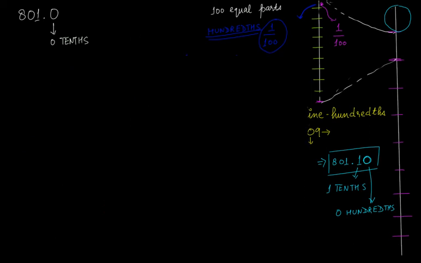Okay. So you have 801.10. You have now 1/10. This is here 1/10, but after having 1/10, you have been given one more this portion, that is now you are having 801.10 and 1/100ths.